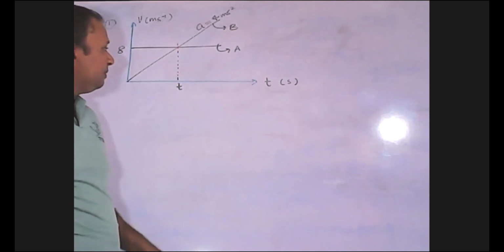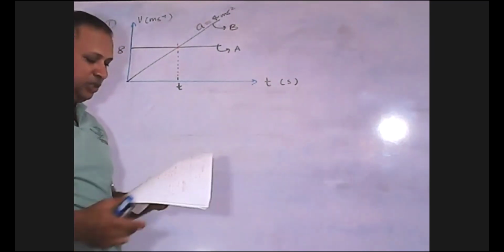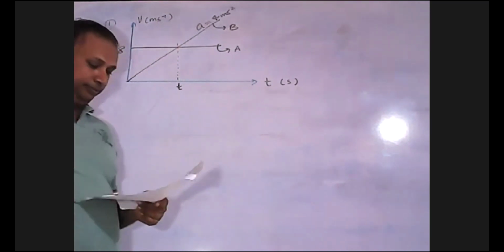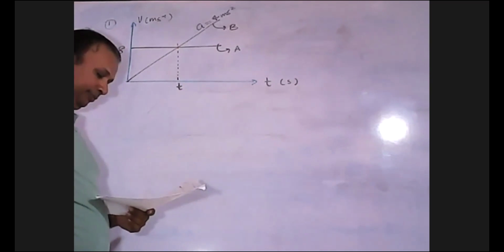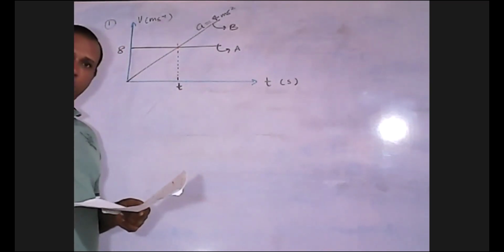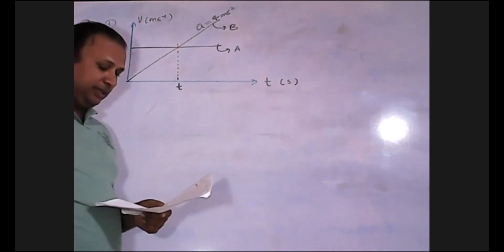At t equals 0, that means initial point, right? They were at the same point.